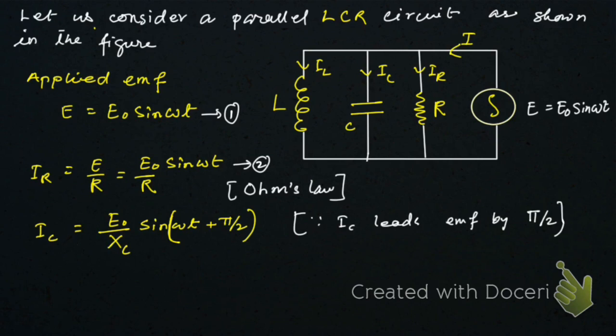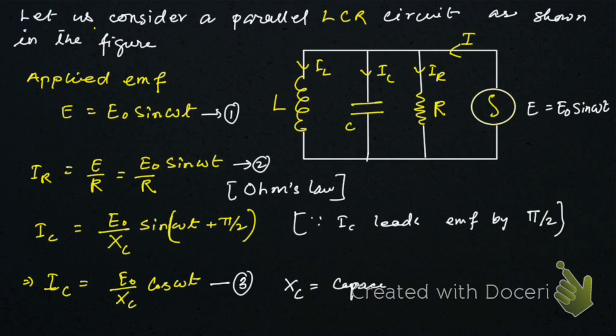Let me simplify this: IC will be E naught by XC sine omega t plus pi by 2, that's going to be cos omega t, right? So this is equation number 3. I hope that you know the meaning of XC, that is capacitive reactance.